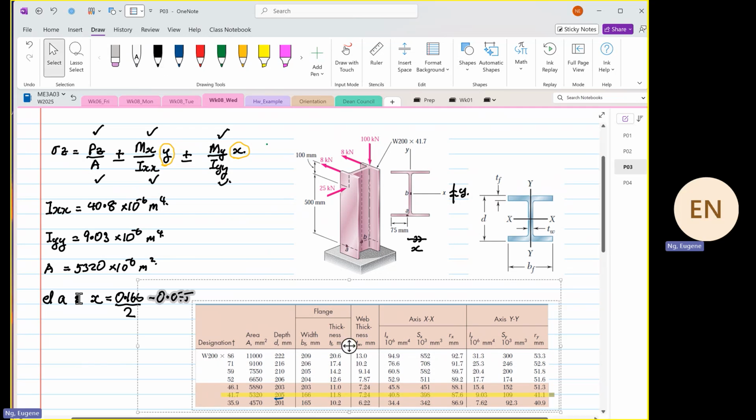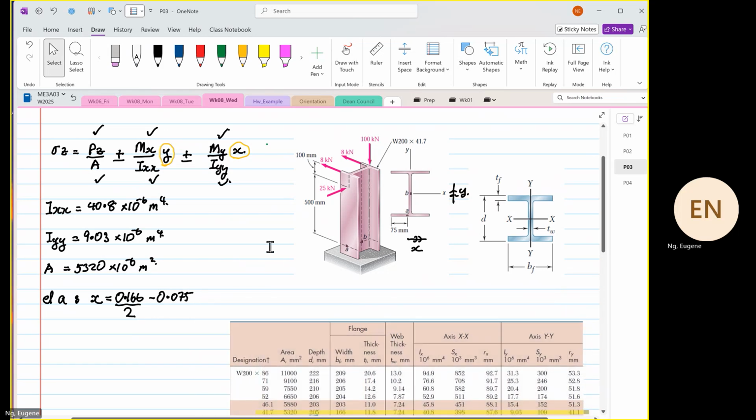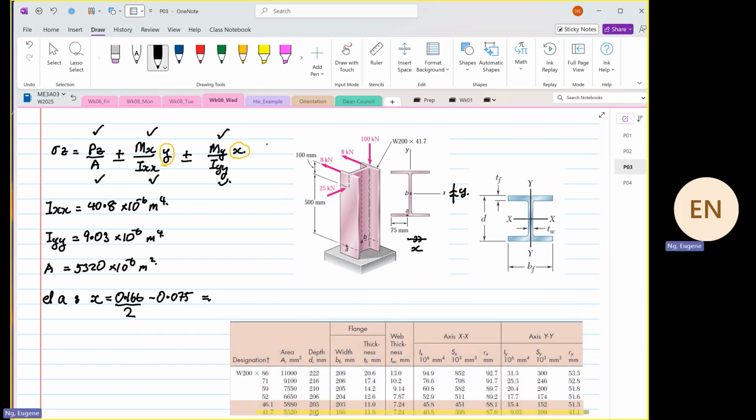Okay, so from here for element A, right, this will be equal to what? So there is our BF, 0.166 divided by 2. So the answer is 8 times 10 to the power minus 3 meter.